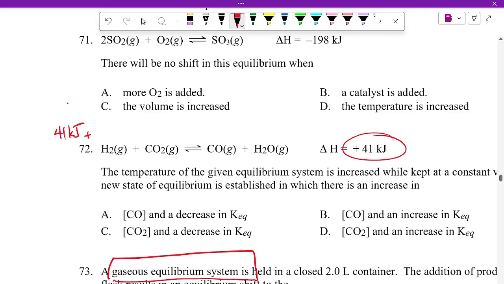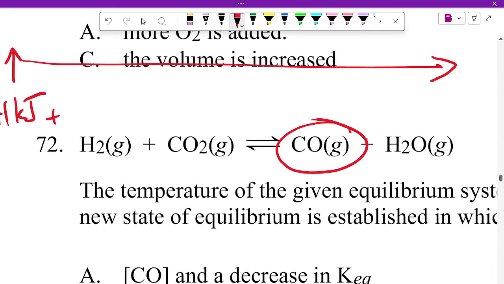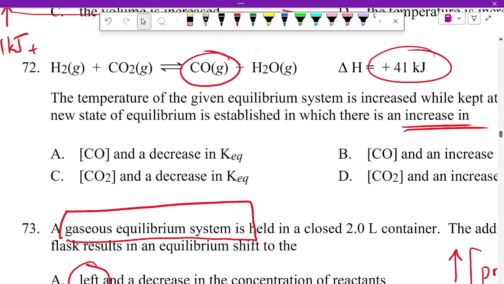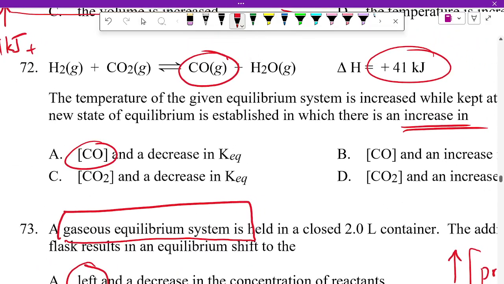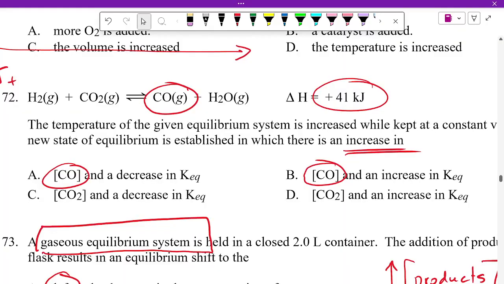We increase the temperature, so that's going to cause a shift to the right. And that means that who's going to get increased? Is it CO or CO2? CO is going to get increased. So we have either A or C, or sorry, A or B. And do we have an increase in KEQ or a decrease?